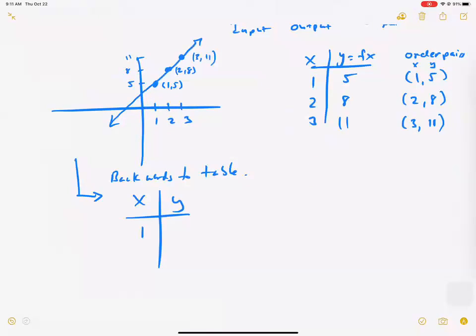Well, when X is 1, Y has to be 5. When X is 2, Y has to be 8. When X is 3, Y has to be 11. So the X's are our input and our Y's are output.